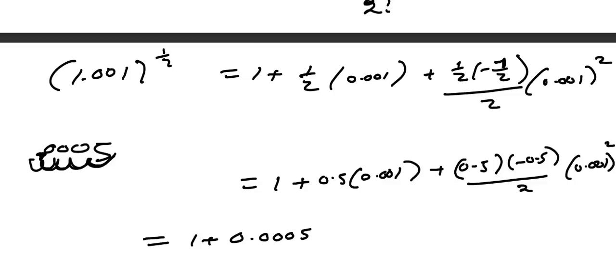Then here we get a negative. That's 0.5 times 0.5, which gives us 0.25. So this is 0.25 divided by 2. The other one, 0.001 squared, is simply the same as 10 to the power negative 6.